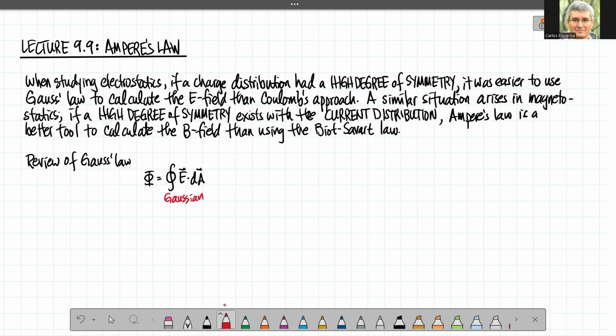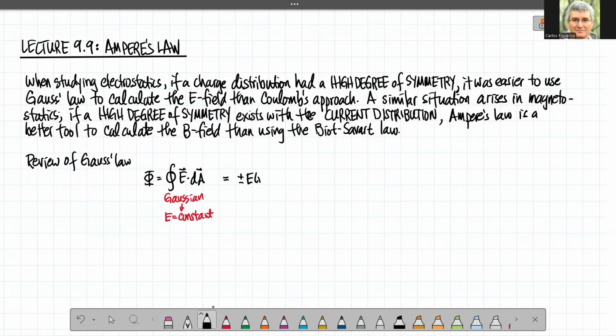As soon as you integrate this over a Gaussian, we know that the electric field is a constant. So what that allows us to do with the flux is that we have two conditions. We have the Gaussian surface, and then we have the dot product condition.